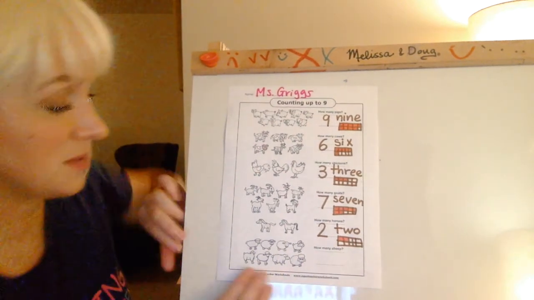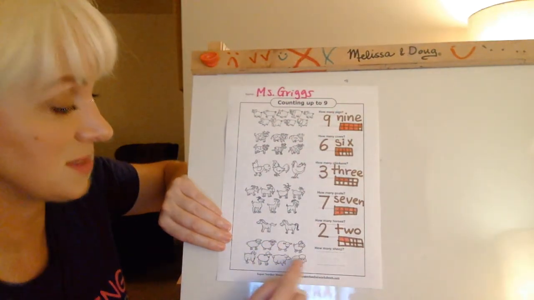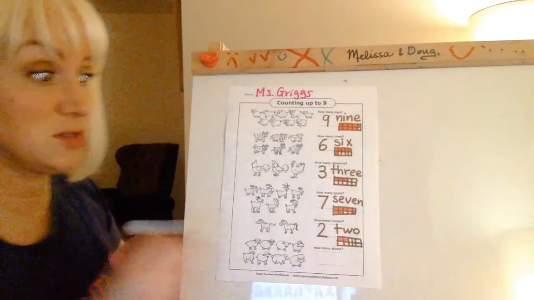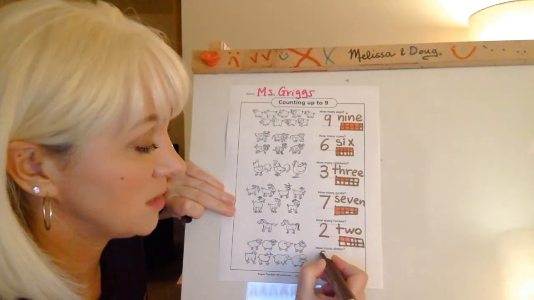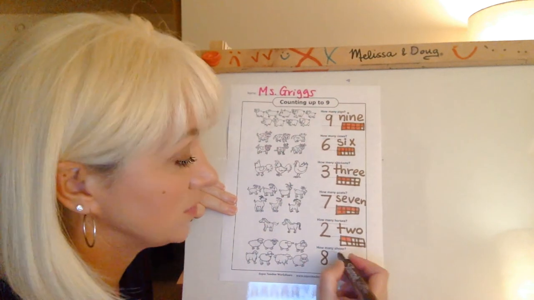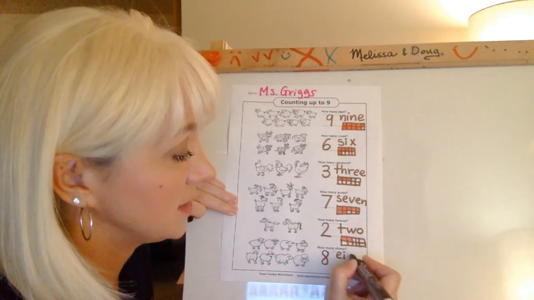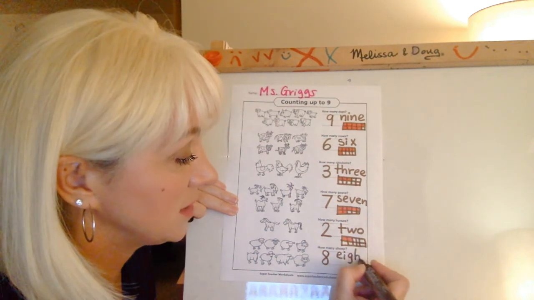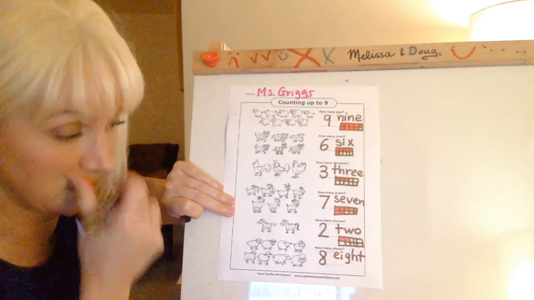And my last part down here is some sheep. 1, 2, 3, 4, 5, 6, 7, 8. 8 sheep. And 8 goes down the path and back through the gate. That's how you make a number 8. And 8 is a funny looking word: E-I-G-H-T. There are all kinds of funny letters in there that don't make any sounds.